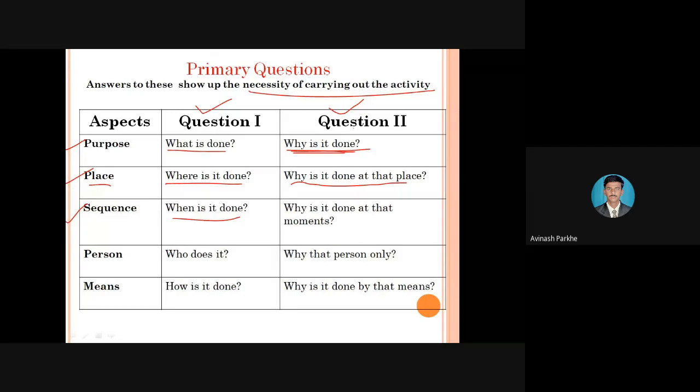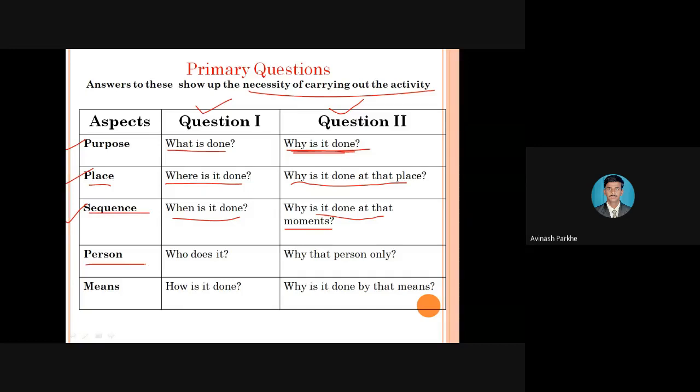But what will be your second question? Why is it done at that moment only? If I am doing the modification today only, why today? Why not tomorrow? If I am doing the modification tomorrow or the day after tomorrow, why tomorrow or the day after tomorrow? Why can we not perform it today only? So such types of questions will be asked in this particular sequence.